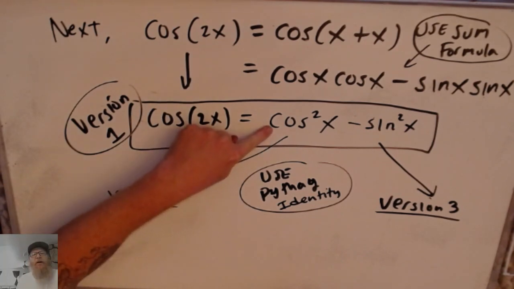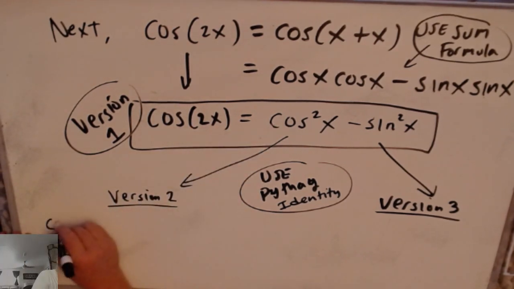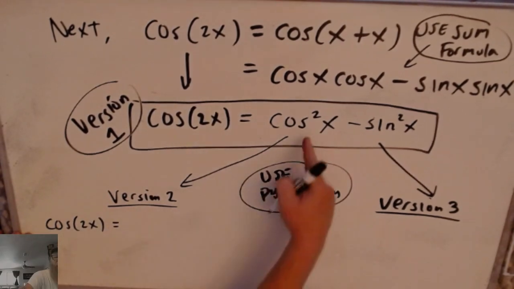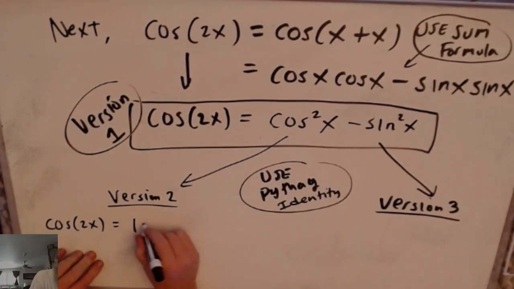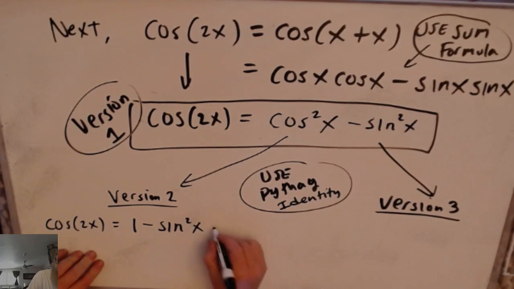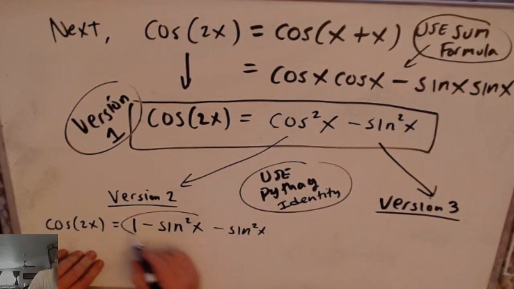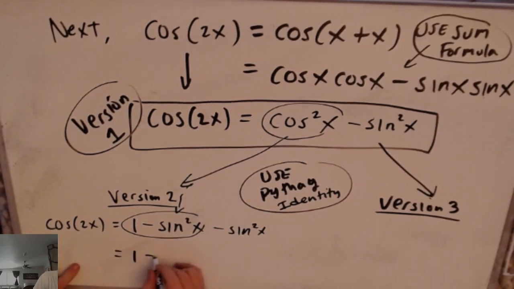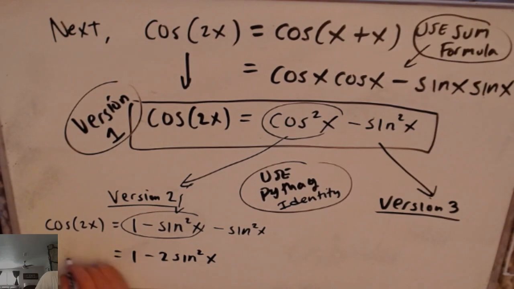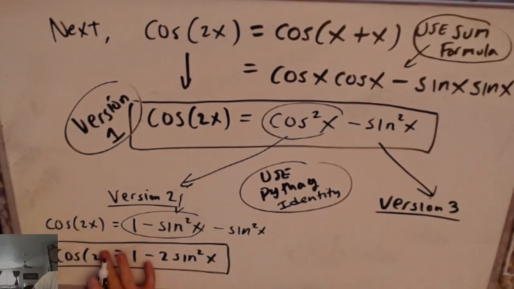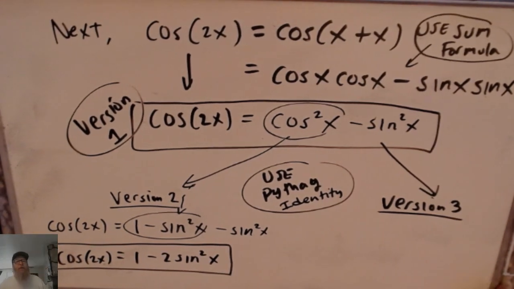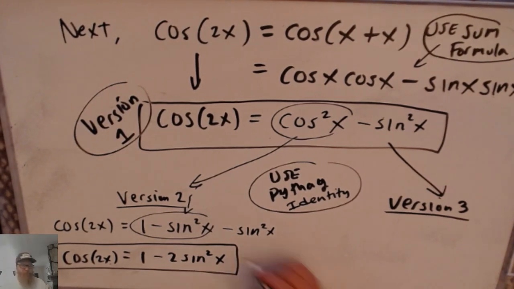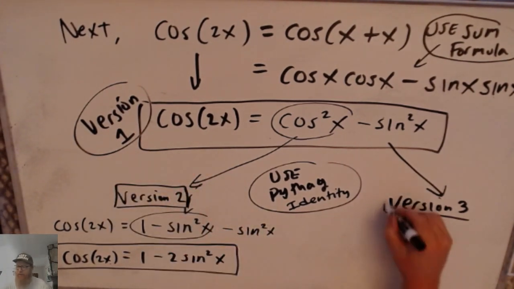So for this one, I can get rid of the cosine squared, and I can write that as 1 minus sine squared. By replacing the cosine squared with 1 minus sine squared, I get 1 minus 2 sine squared x. So there's another version. You call that version 2. And we have version 3.